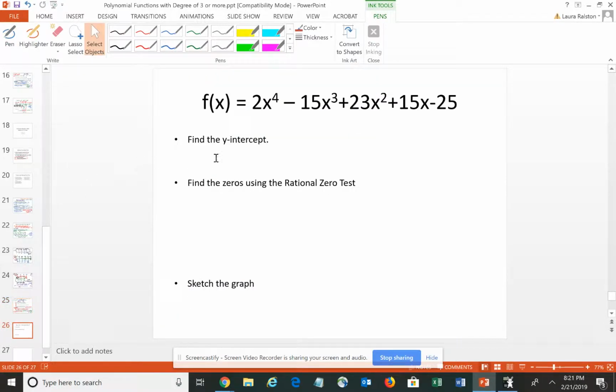Okay, again, to find the y-intercept, remember, we let x equal 0.